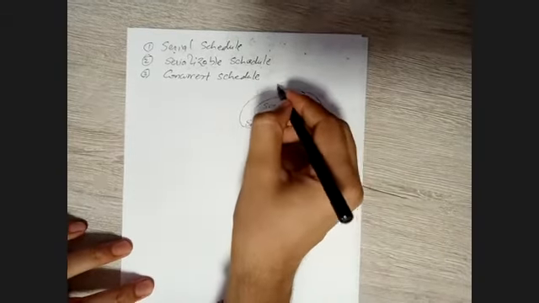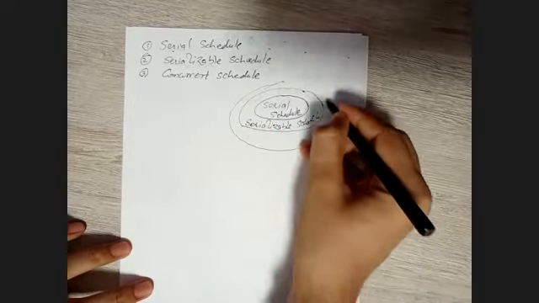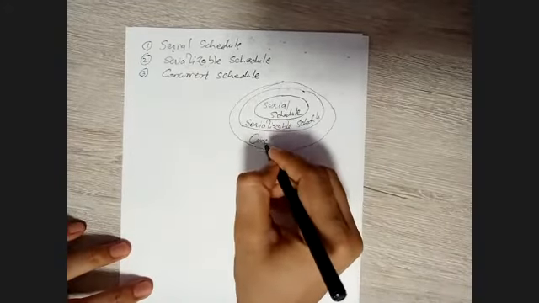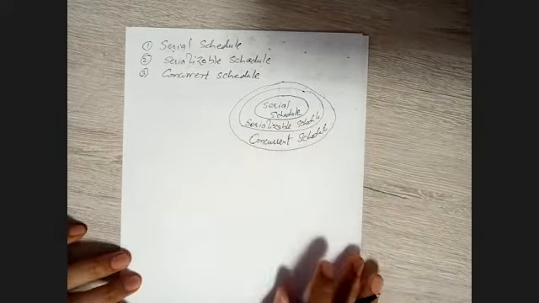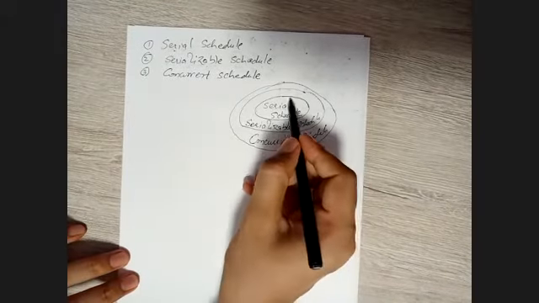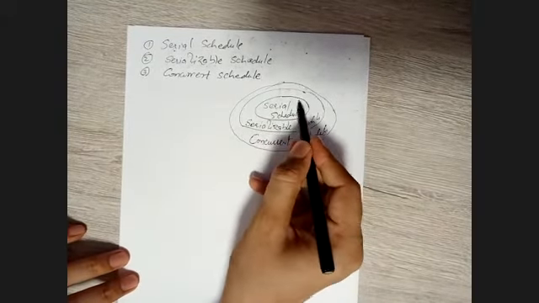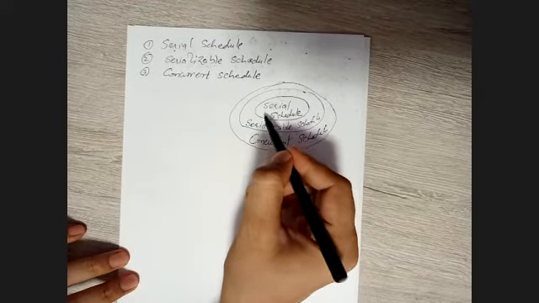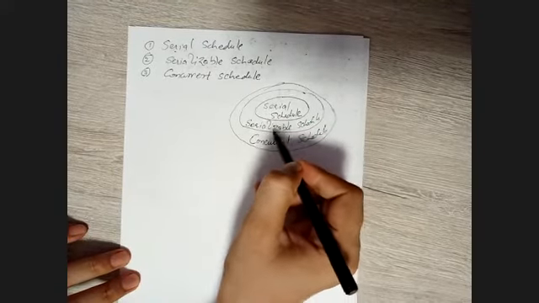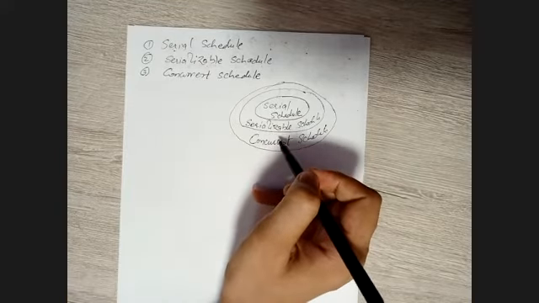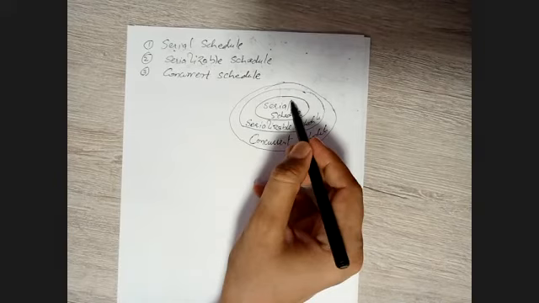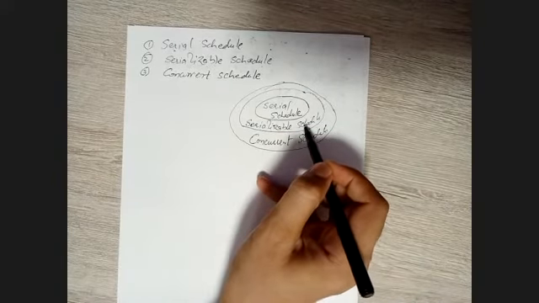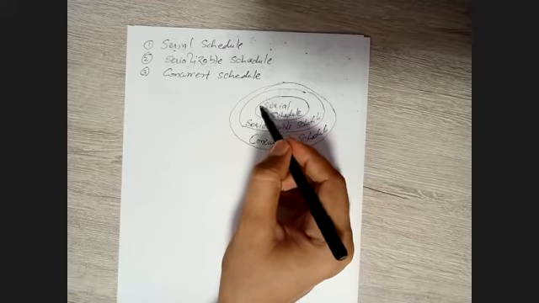And then we have concurrent schedule. It means there are some serial schedules, and all the schedules which are serializable, for example, try to understand with this. What we can conclude is there are certain serial schedules which are also serializable, but not all schedules are serializable schedules.